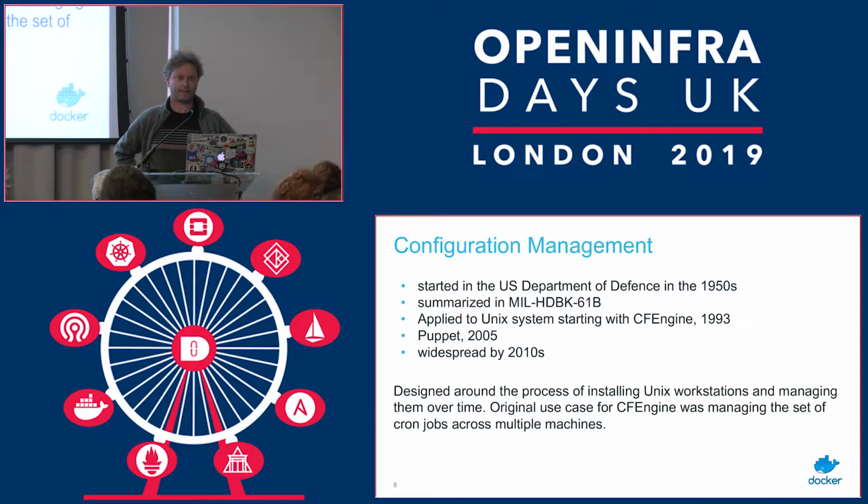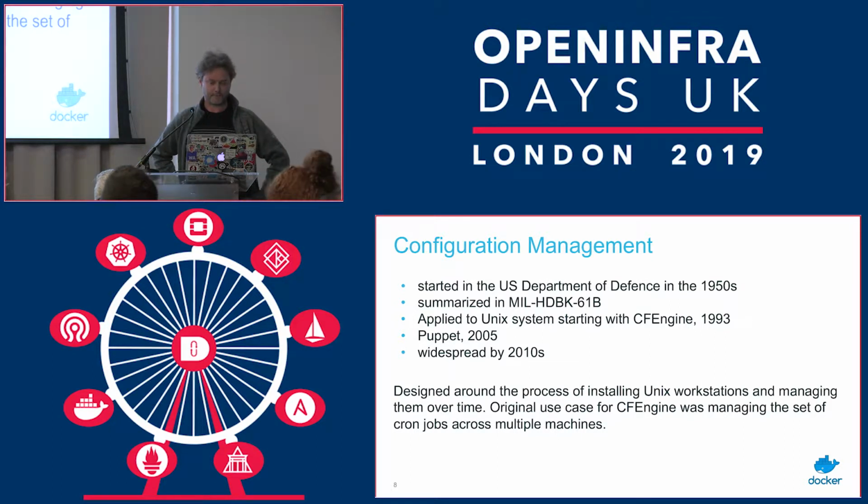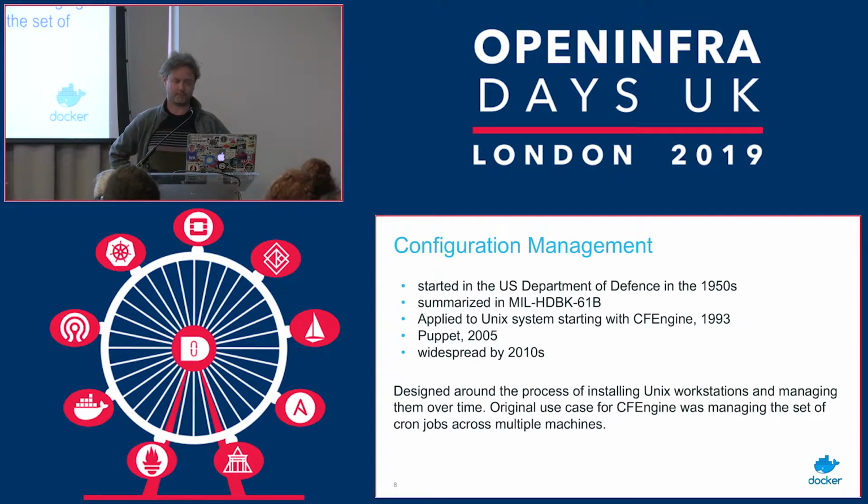And package management then led to configuration management, pretty much the same date as package management. CFEngine was 1993, designed for running cron jobs across a bunch of workstations without having to configure them all by hand.